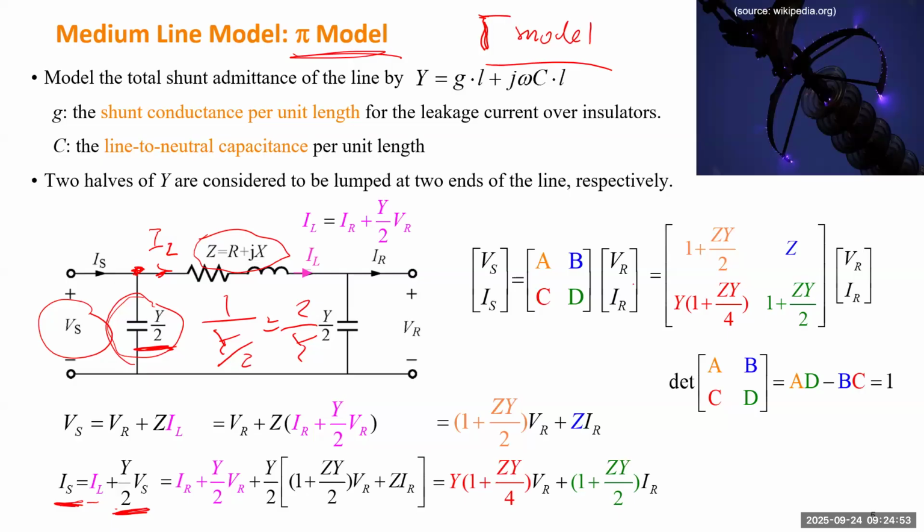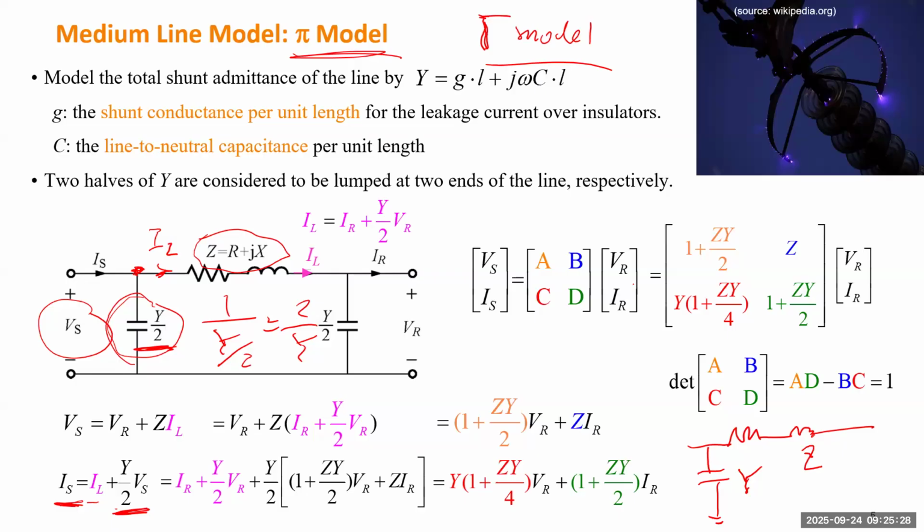We either split it into half for both ends, or we just combine them at one side. The gamma model is not very common to use, but in case you see one, it can have this shape. We just push the capacitance to one side. So this shunt branch total is Y, not half Y, because we combine the two half Ys into one Y. The impedance Z is still the same.